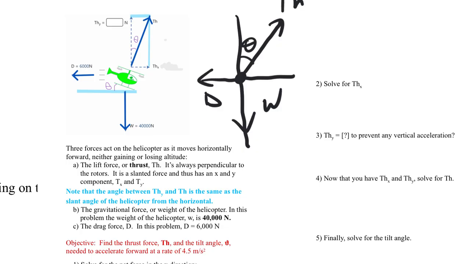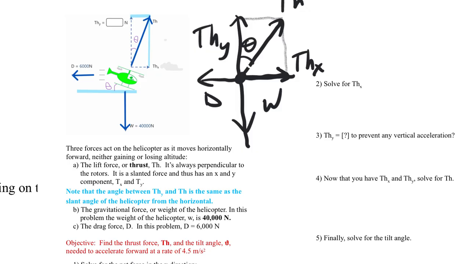So you gotta be careful about that. Okay, so the slant force will have an x and y piece. We'll call that vertical piece thrust y, and the horizontal piece the x component.